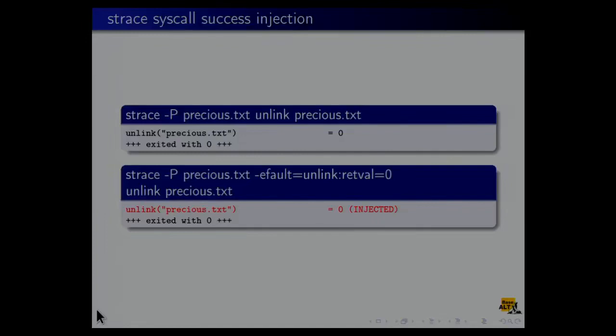For example, many syscalls, when they succeed, have some portions of memory filled with useful information by the kernel. So for them, this is not as easy. But for simple syscalls like unlink, it works from current master.